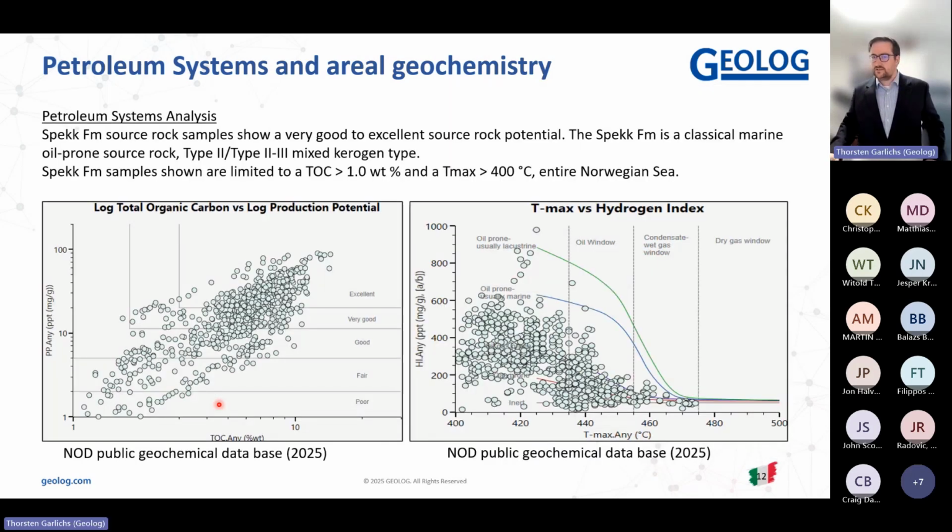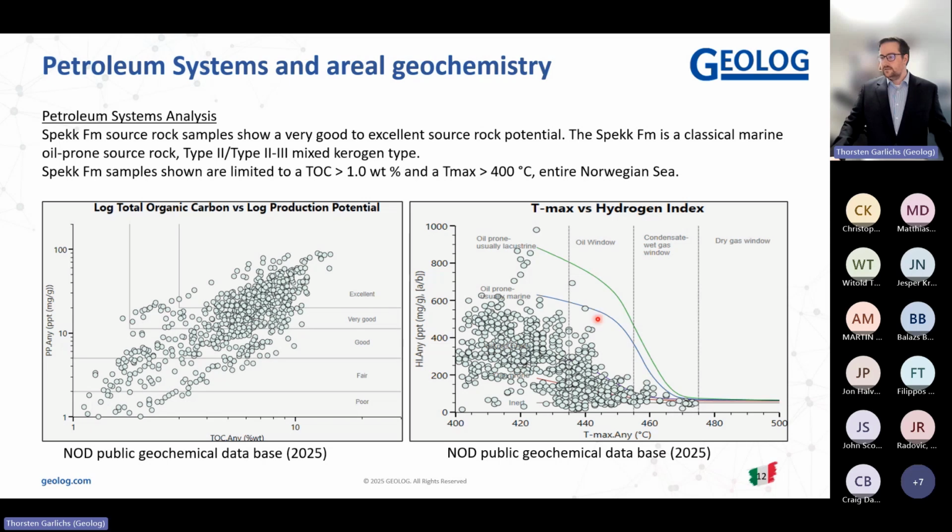On the next slide, we just have a very short look at the source rock. So the Spekk formation as a main source rock is a very good and excellent source rock. You see that on the TOC plot and the production potential. The Spekk formation is a classical marine oil-prone source rock, type 2 or type 2/3 mixed kerogen type.